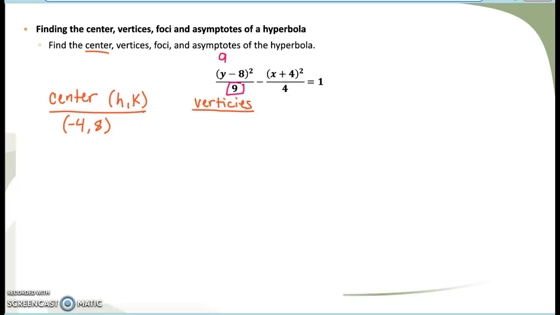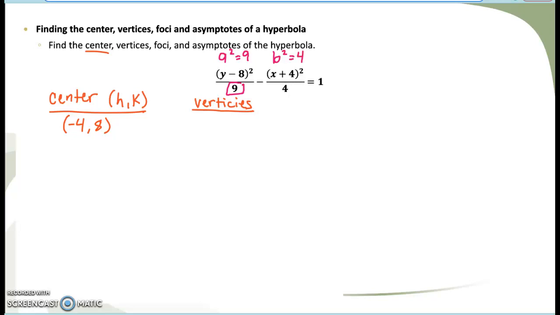So the 9 is a squared. If this was a 1, it would still be a squared, even though it is smaller than 4, because it would be on our positive fraction. Think of it as a positive being bigger than a negative anyway. And this portion tells us that b squared is equal to 4.